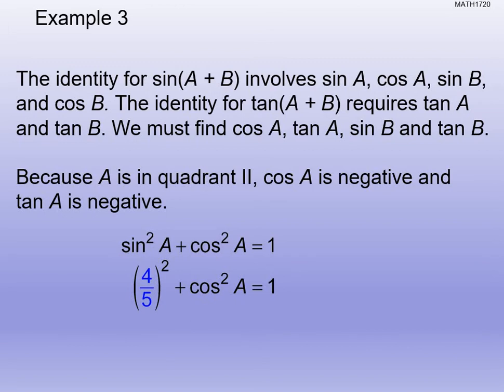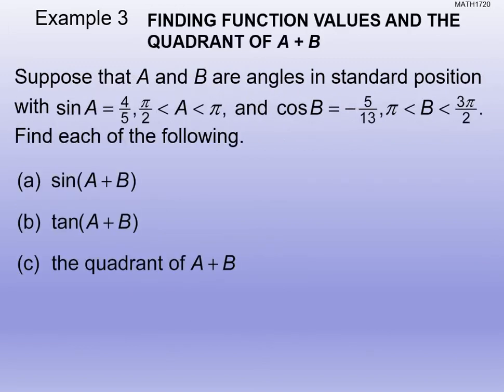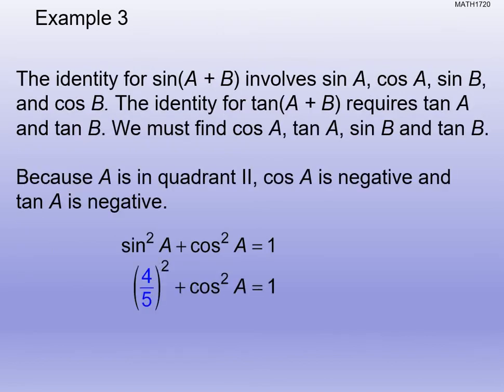We know what sine is, right? Sine was given to us as 4/5. That's back here on this slide. So I can substitute in and say 4/5 squared, plus cosine squared is equal to 1. So I can get 16/25. 1 minus 16/25 is 9/25.